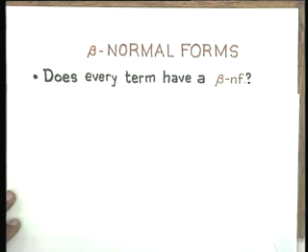In the Peano arithmetic, it turns out that every term does have a beta plus star normal form, because all arithmetic expressions not having variables will reduce to a value.